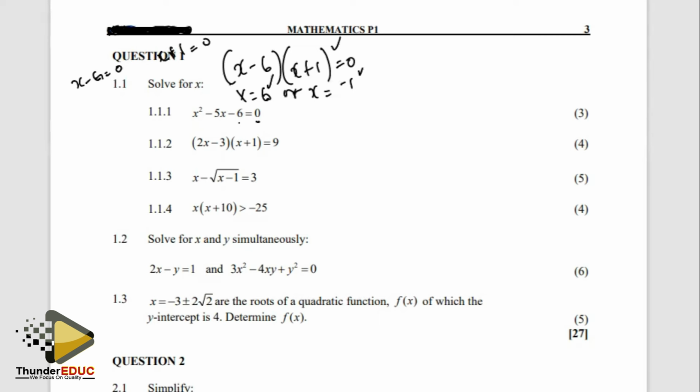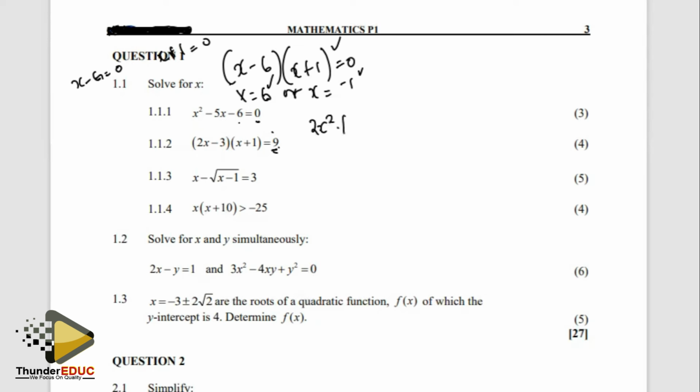1.1.2, we have 2 brackets being equated to 9. In this case, we cannot use the rule of saying 2x minus 3 is equal to 9 or x plus 1 is equal to 9. That only works if this was a 0. So what we're going to do here, we just have to open up these brackets. That's going to be 2x and x, that's 2x squared.